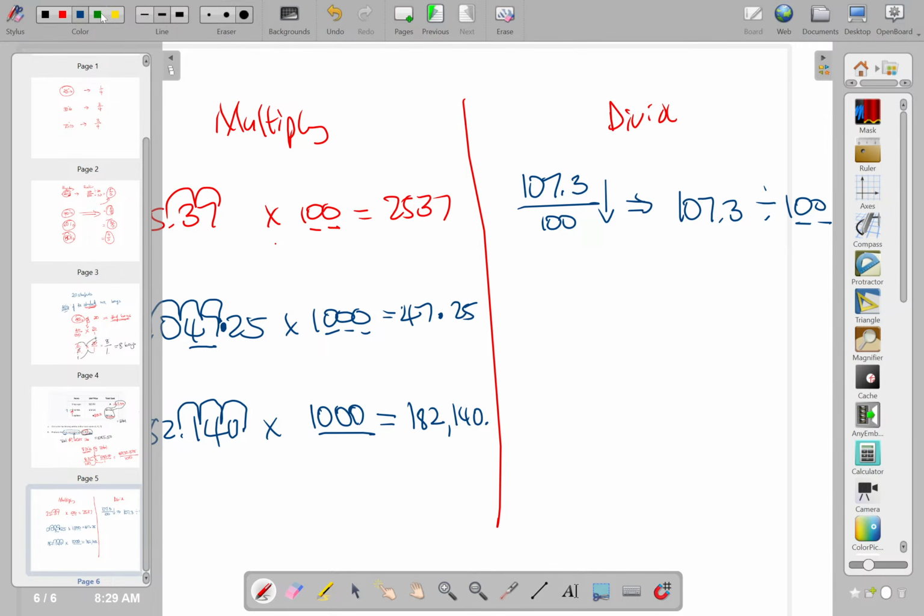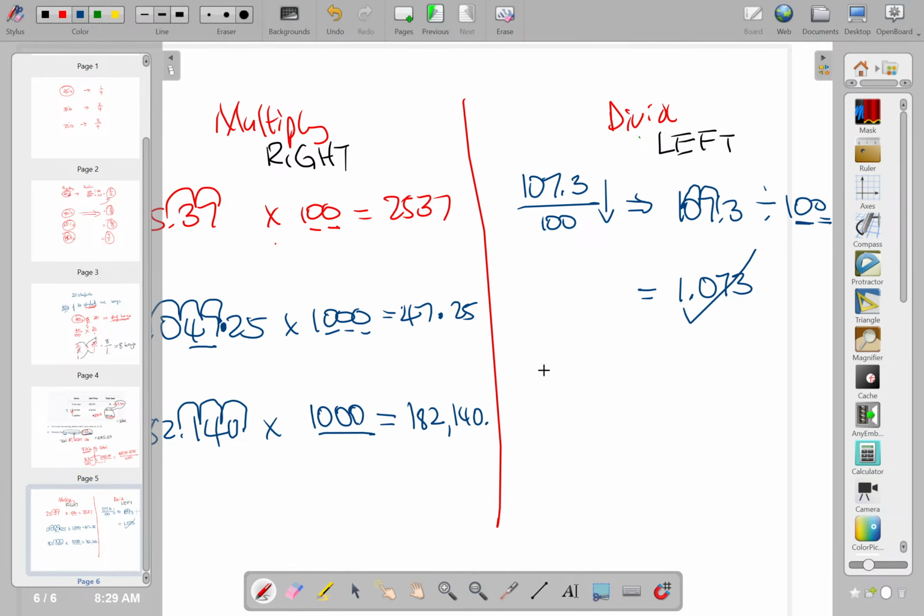We move to the left. When you multiply, you move to the right. So now we're going to go 1, 2. That's where my decimal place ends up. 2 zeros, that's why I move 2 times. That's going to give me 1.073. That's your answer.